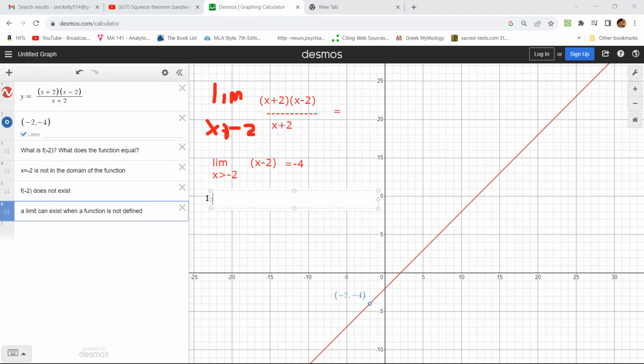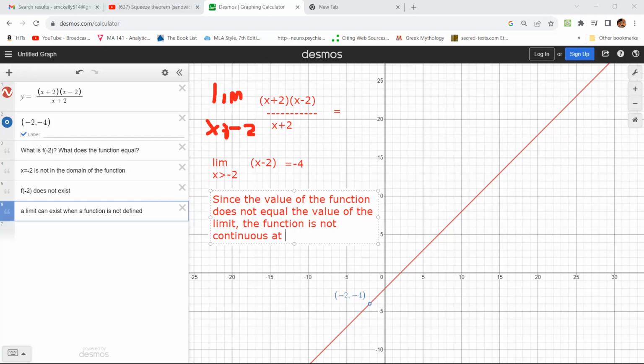But since the value of the function does not equal the value of the limit, the function is not continuous at this point.